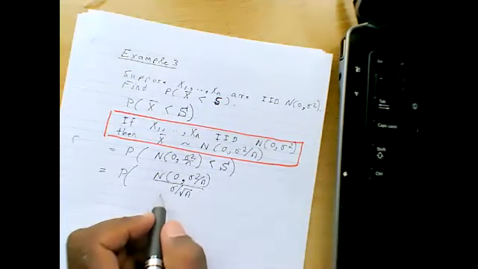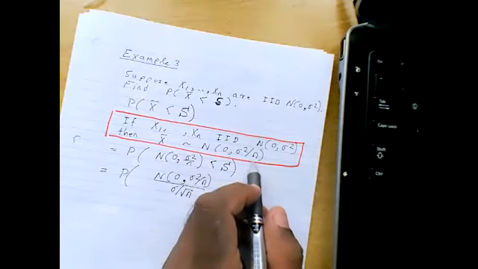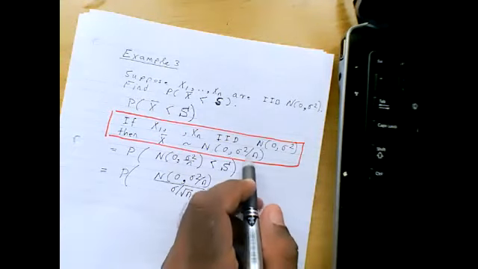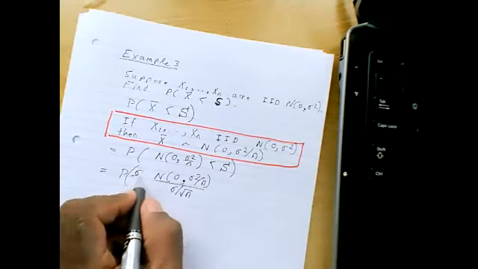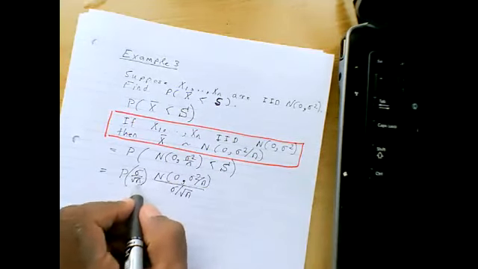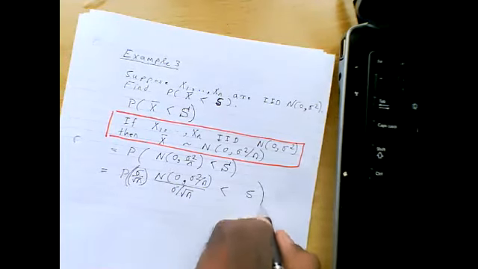Sigma squared by n, yeah. That's the property, sir. Just please look at the video last week on normal distribution. It's a property I mentioned in the video last week. Please look at it.